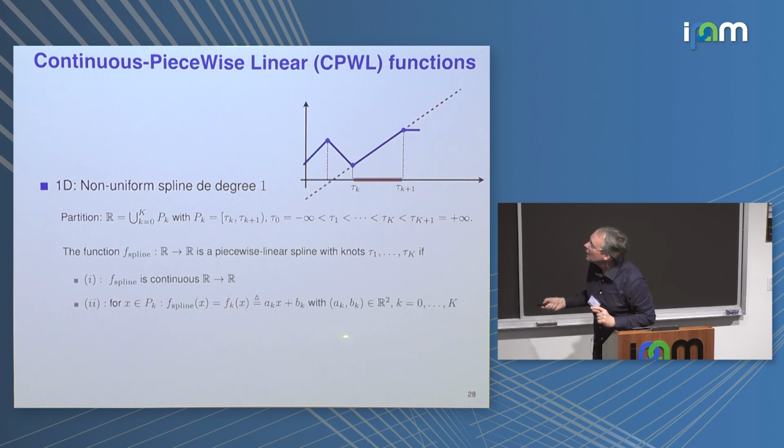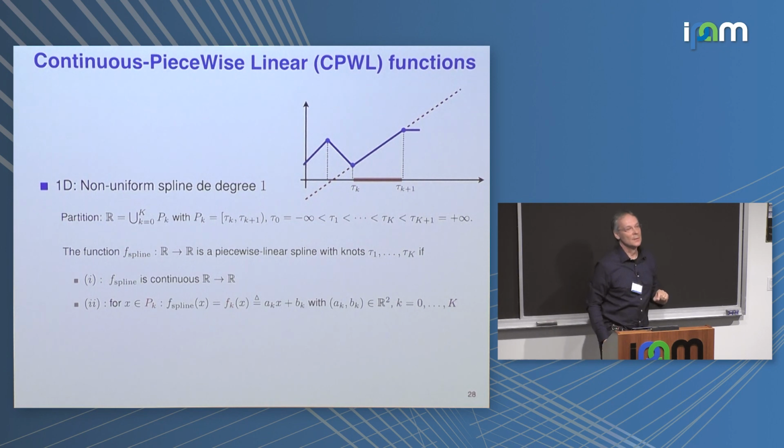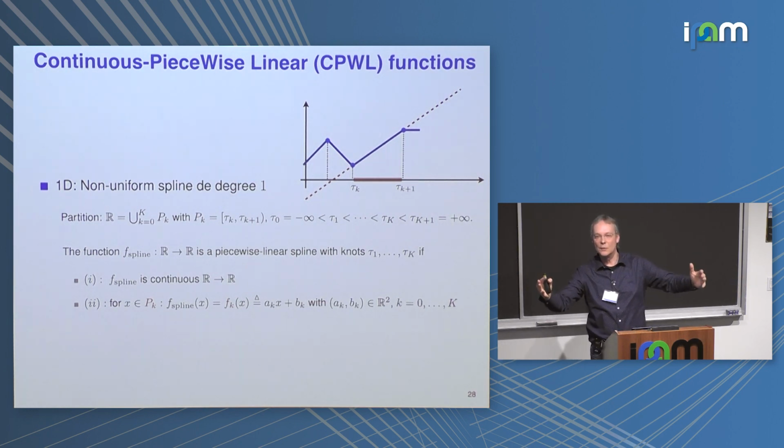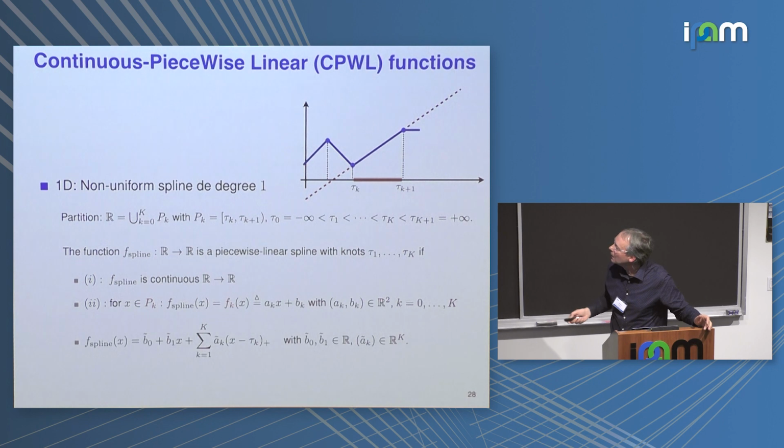In every interval, this function is a straight line, so it has ax plus b. But the non-trivial part is that the pieces are connected in a way that keeps continuity. That means the global function is continuous. So it's continuous and piecewise linear, and that's really what makes it a spline.